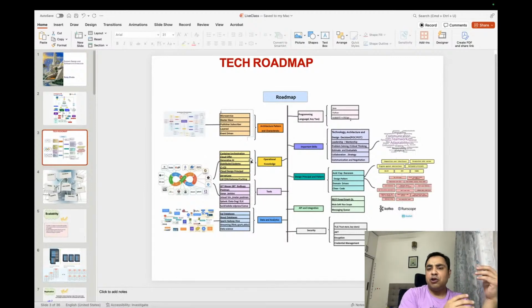Be it any cloud, I don't have any preference, whatever cloud you are working on, try to learn cloud from the perspective that you should not focus on the service, you should focus on the fundamentals.